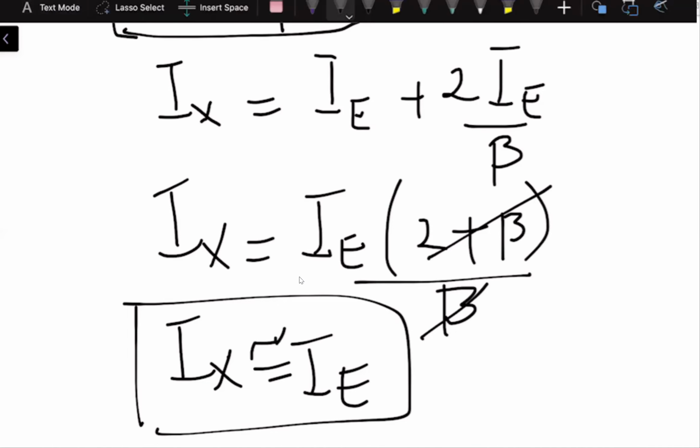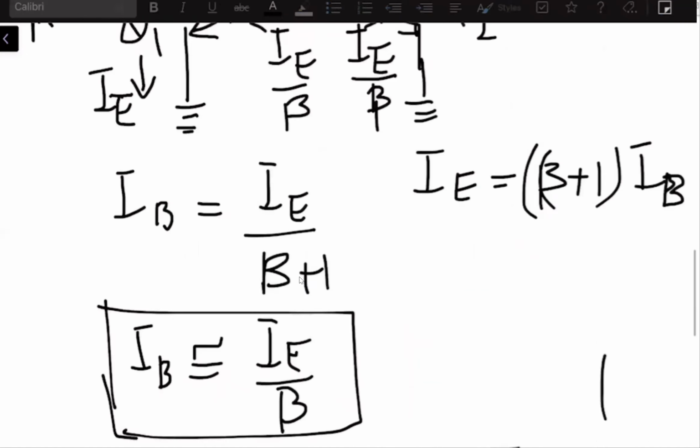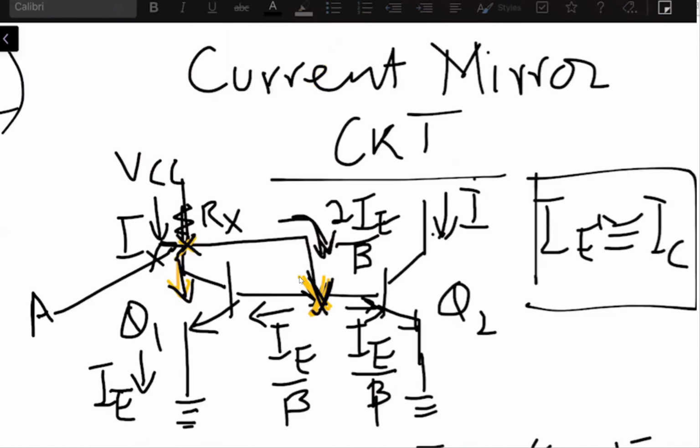And once this is approximately equal to IE, if the current flowing in Q1 is Ix equal to IE, it will also be replicated in Q2, and this current I which is flowing in Q2 is also equal to IE, right? So this means this circuit behaves as a mirror circuit: whatever currents are flowing in one circuit will actually be flowing in the other circuit. Are you with me now?